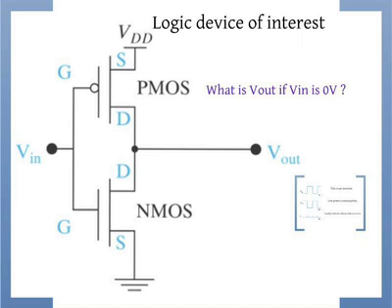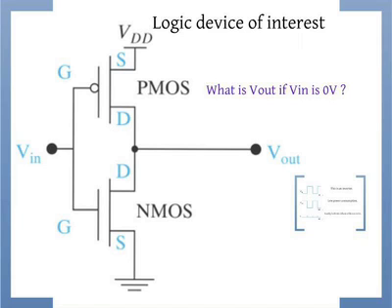When you have 0 volts on the gate, the first question to answer is which transistor is on? 0 volt is enough to pull the holes to the channel, because it is beyond the threshold voltage. So the top transistor, the PMOS, is on, my mistake.